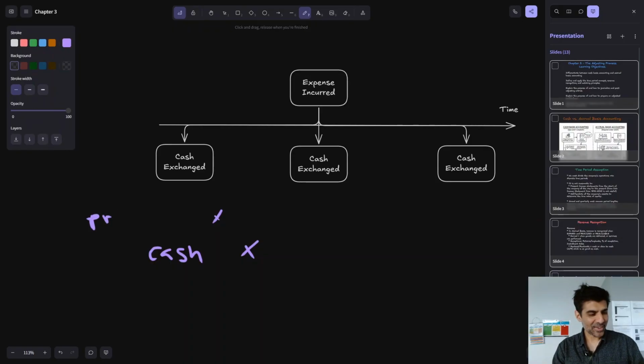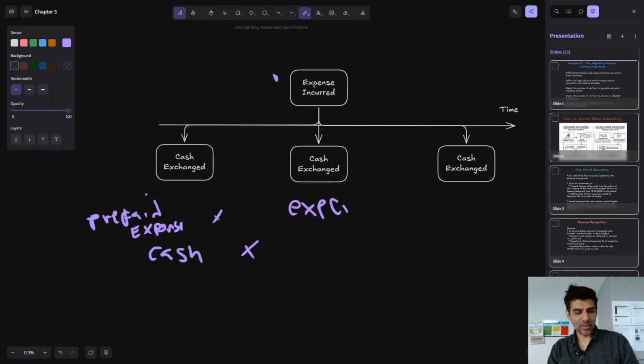This is an asset. Okay. So when we actually incur the expense, we call it some expense. It can be a number of things. If it was prepaid rent, it would be a rent expense. If it was prepaid insurance, it would be insurance expense. I'll just say expense debit, and then this asset prepaid expense gets credited.